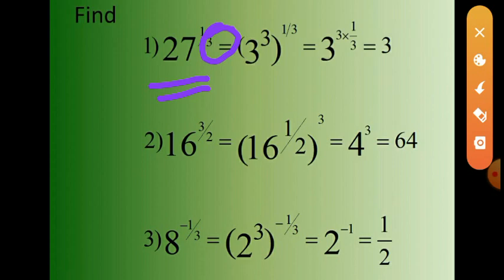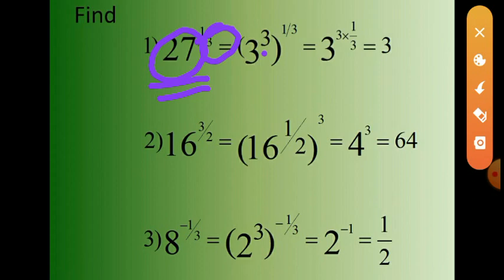If I have 27 raised to 1 by 3, then we have to check what the denominator is. Here the denominator is 3. Since the denominator is 3, check whether this 27 I can write such that my power I should get as 3.